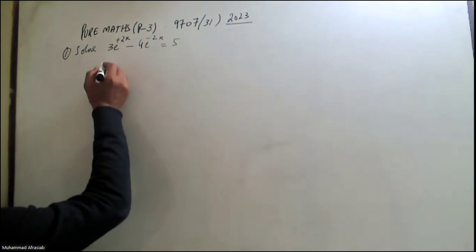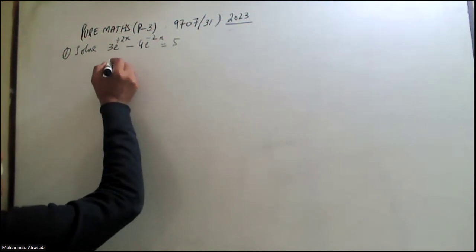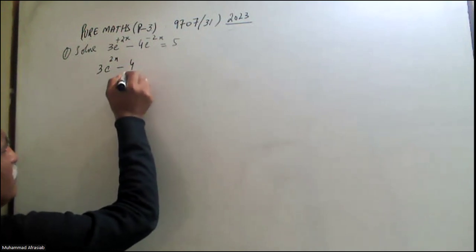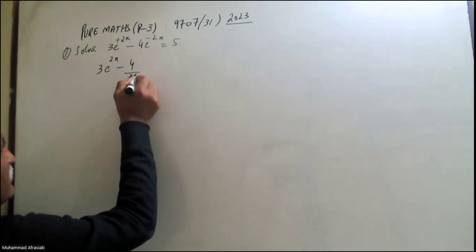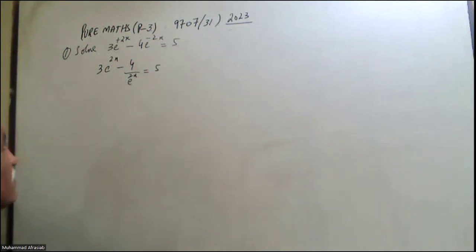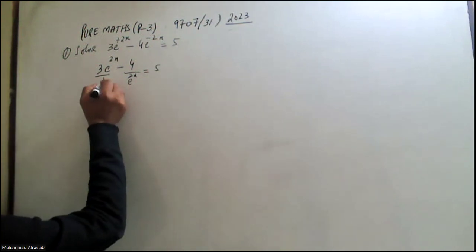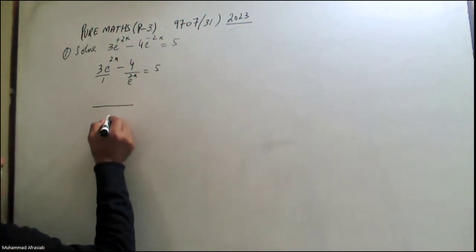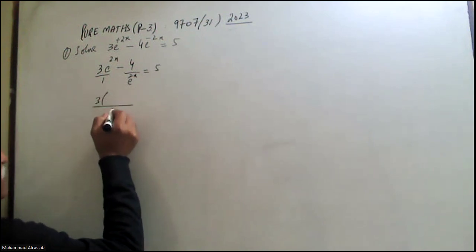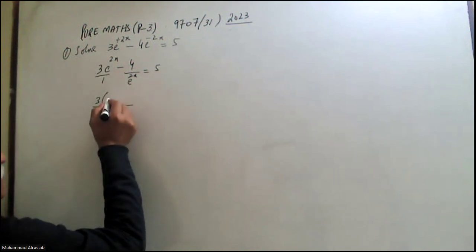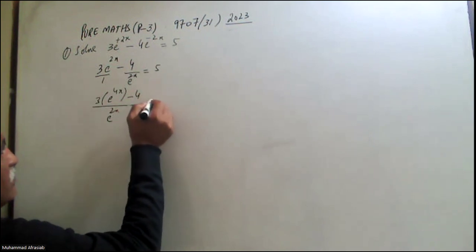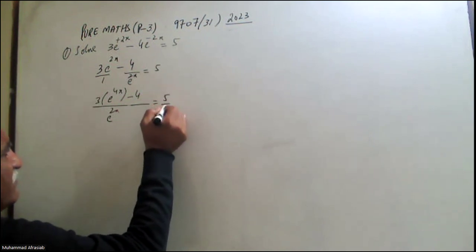We can write this as 3e^(2x) minus 4 over e^(2x) is equal to 5. Now we take the LCM of these two. This is e^(2x). 3e^(2x) into e^(2x) is e^(4x), minus 4 is equal to 5.